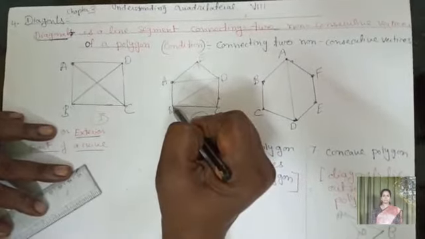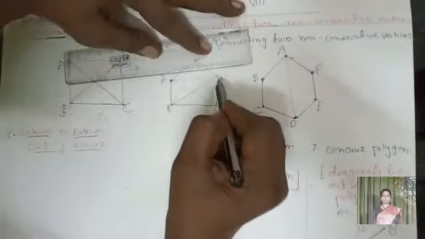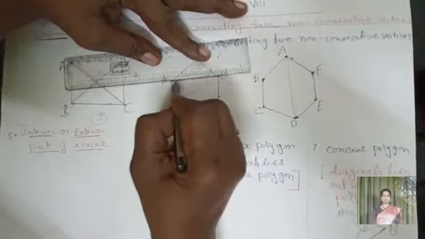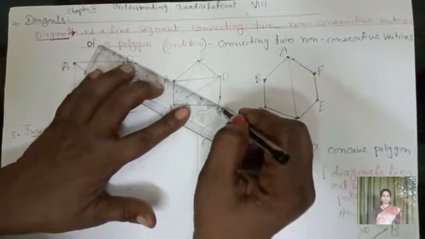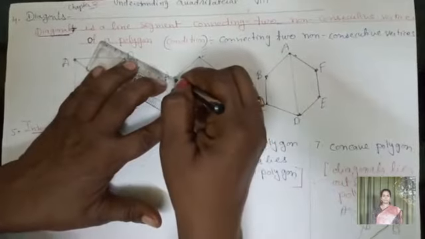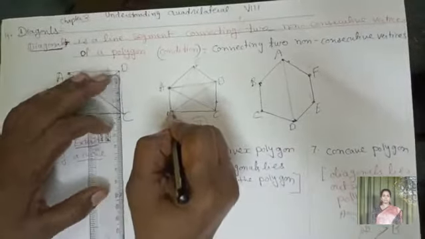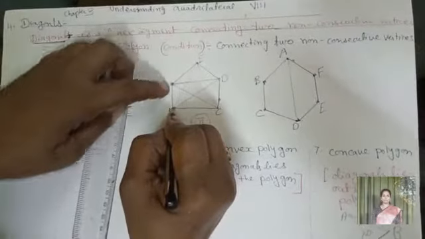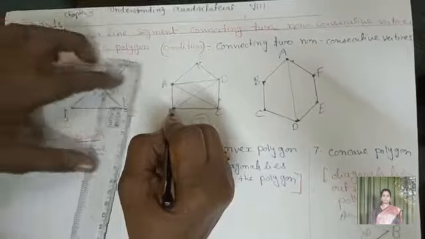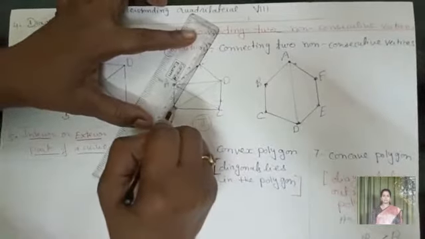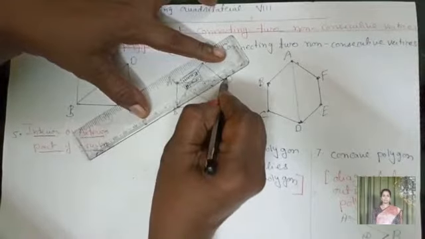So, we cannot join A and B. We have to join A to D, then A to C. Now, let us move towards B. If we take B as a vertex, then A and C are the consecutive vertices. We cannot join them as per the definition. We have to join B to E and B to D.